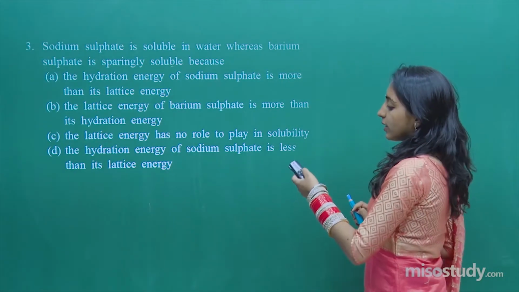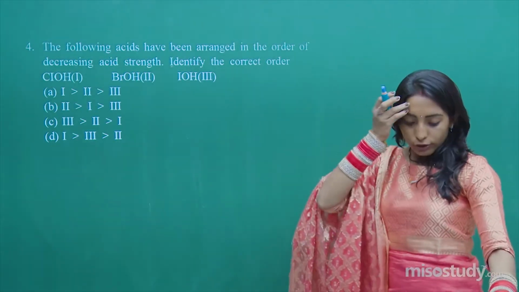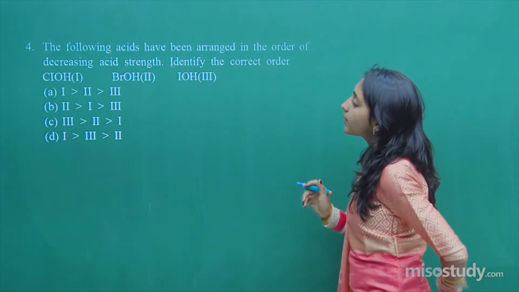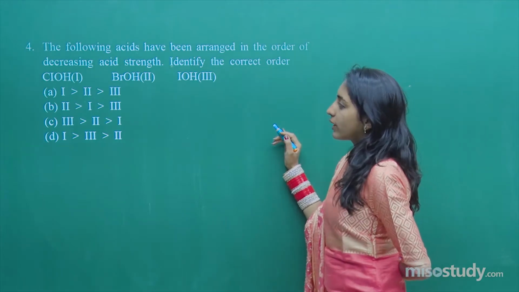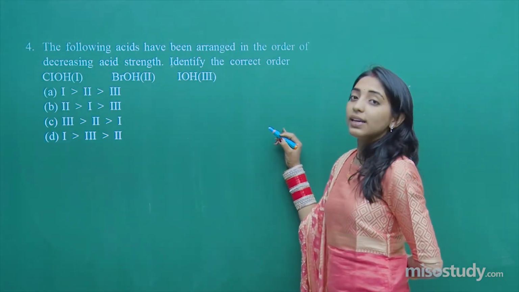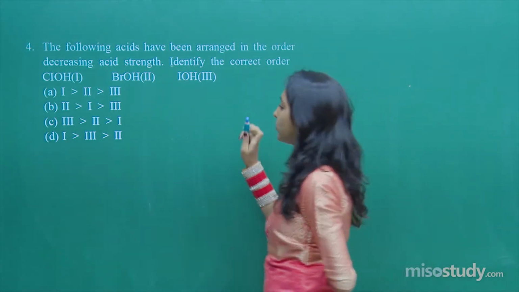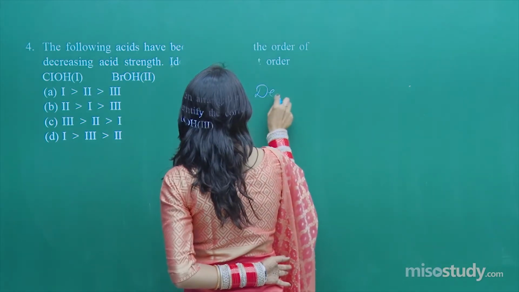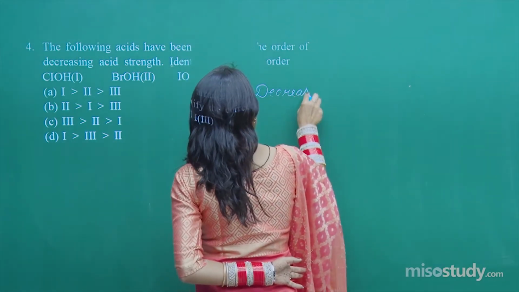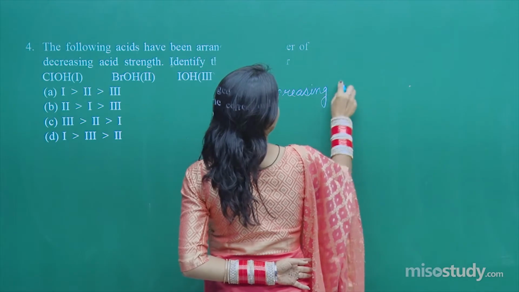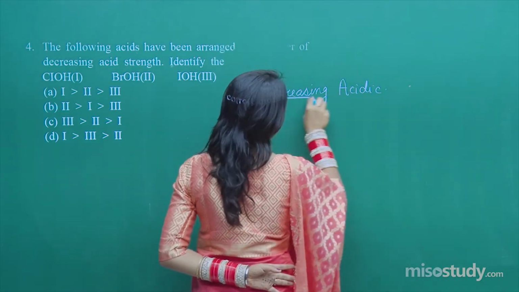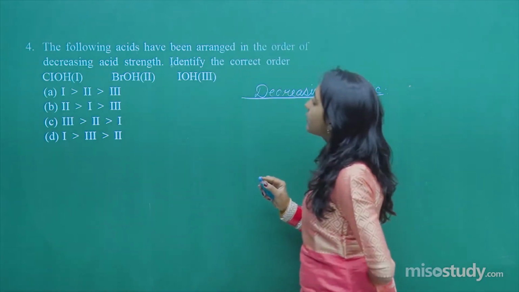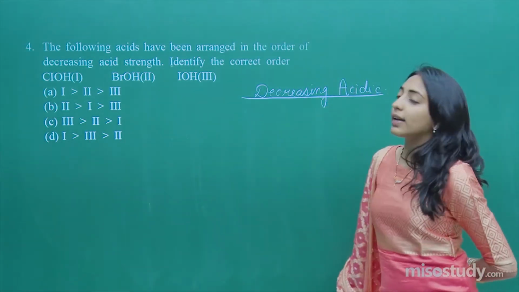Now moving on to the next question. It says the following acids have been arranged in the order of decreasing acidic nature, and you need to identify the correct order.